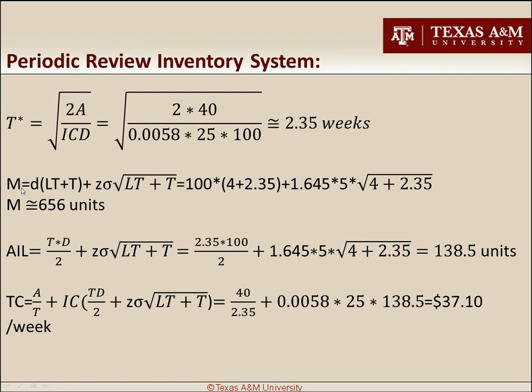Then we could calculate the M value. If you plug in the numbers, you end up with 656 units. The average inventory level is 138.5 units, and our total cost is $37.10 per week. This is basically how you could calculate all those numbers. Please work on this exercise by yourself.